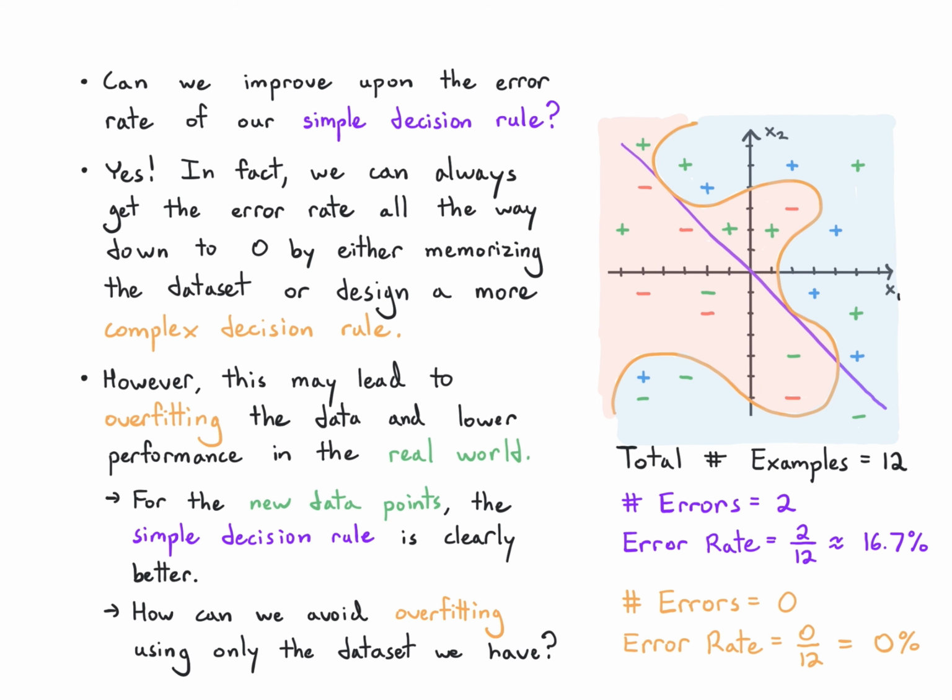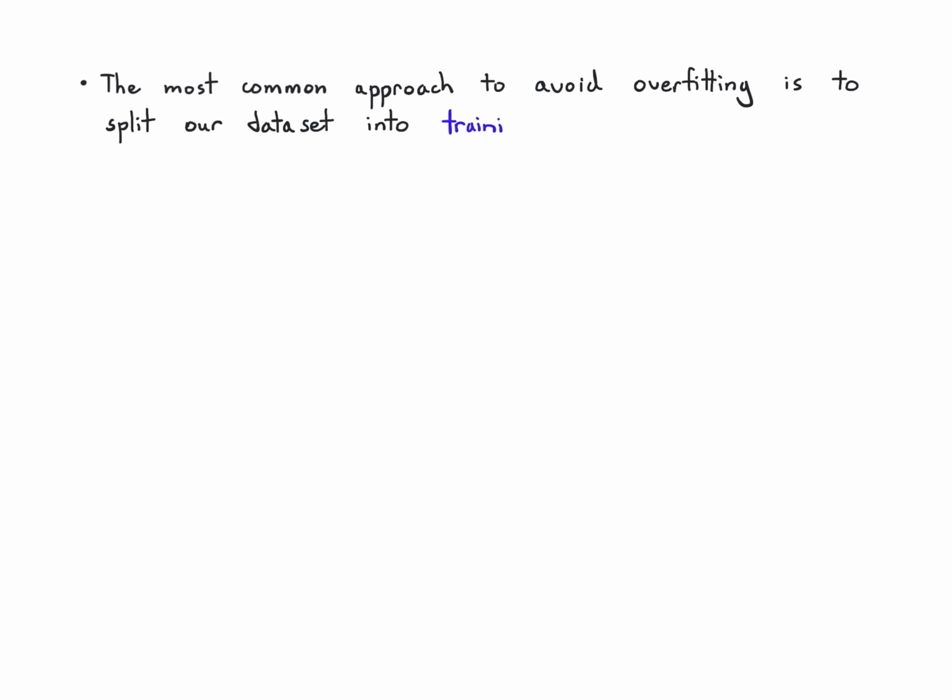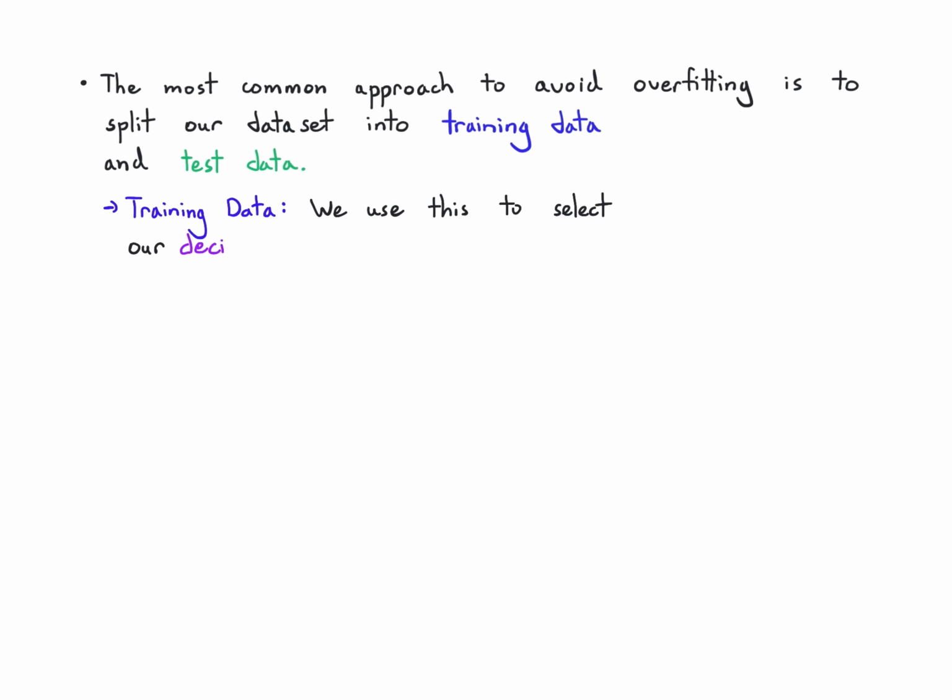The most common approach used today to avoid overfitting is to split the data set. So I have a data set. I'm going to split it into training data and test data. So what is the difference? Training data is going to be used to select the decision rule and optimize all its parameters.